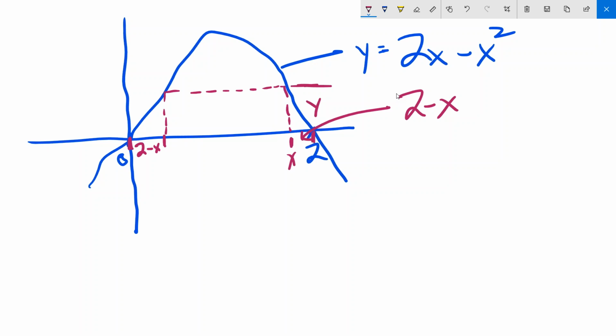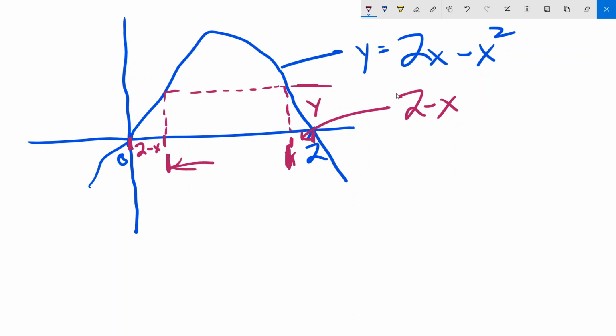Parabolas are always symmetrical about their axis of symmetry, so that makes them the same. And we know intuitively that the middle of this rectangle has to go through the axis of symmetry. Okay, so our next thing is to define this distance right there.